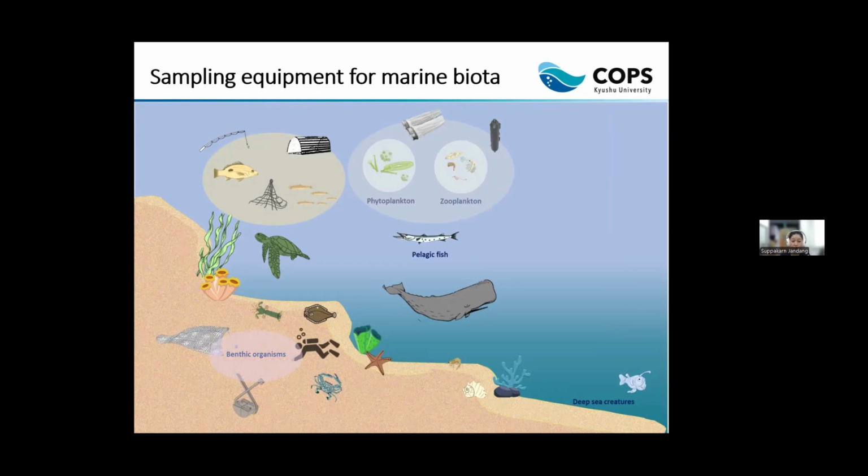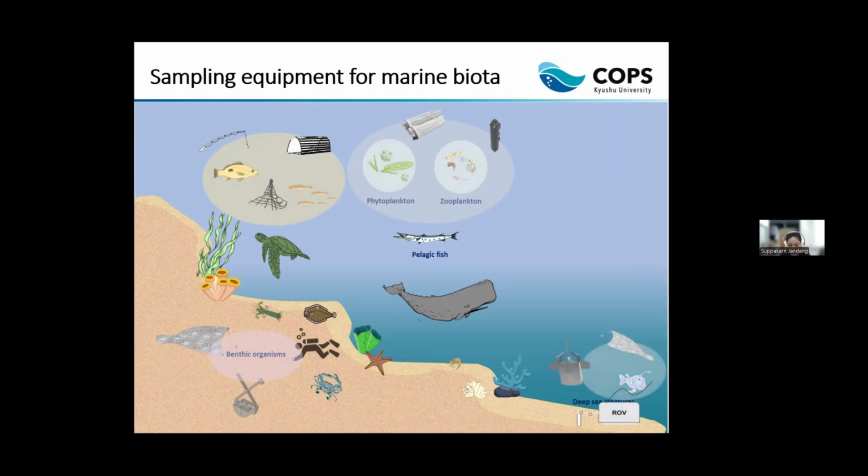As I'm working on coral, sometimes I dive and collect the samples by myself, but others can use another kind of net, a throw net or whatever, to collect marine benthic organisms, or even crabs.